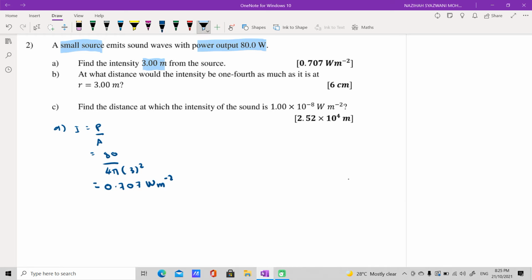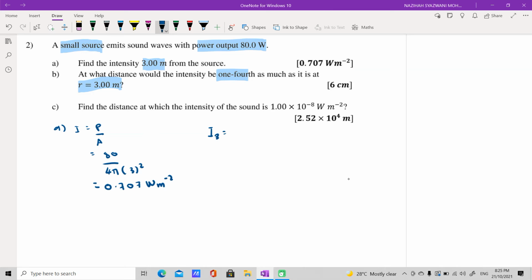So for part B, at what distance would the intensity be 1/4 as much as it is at 3 meters? For this case, what we have here is intensity 1, where the distance is 3. Let's put here I3.